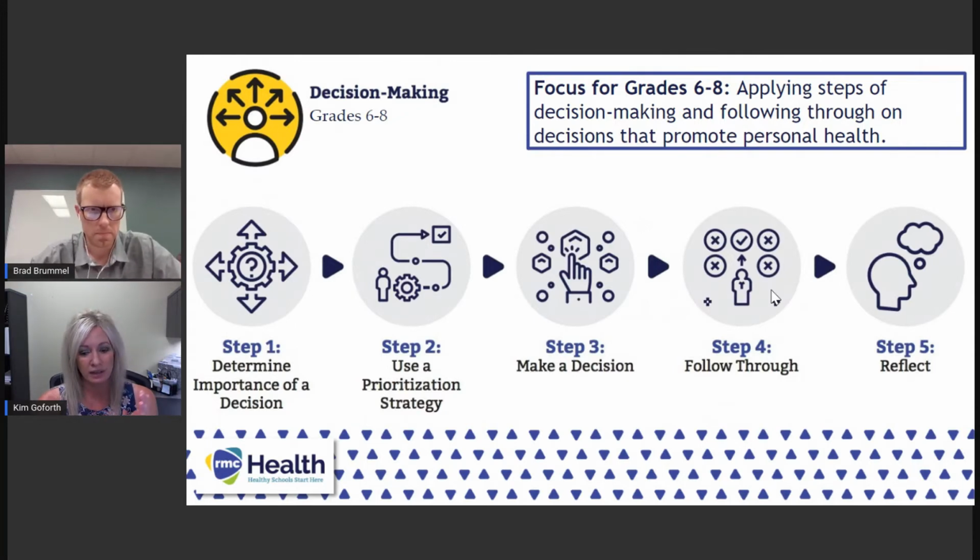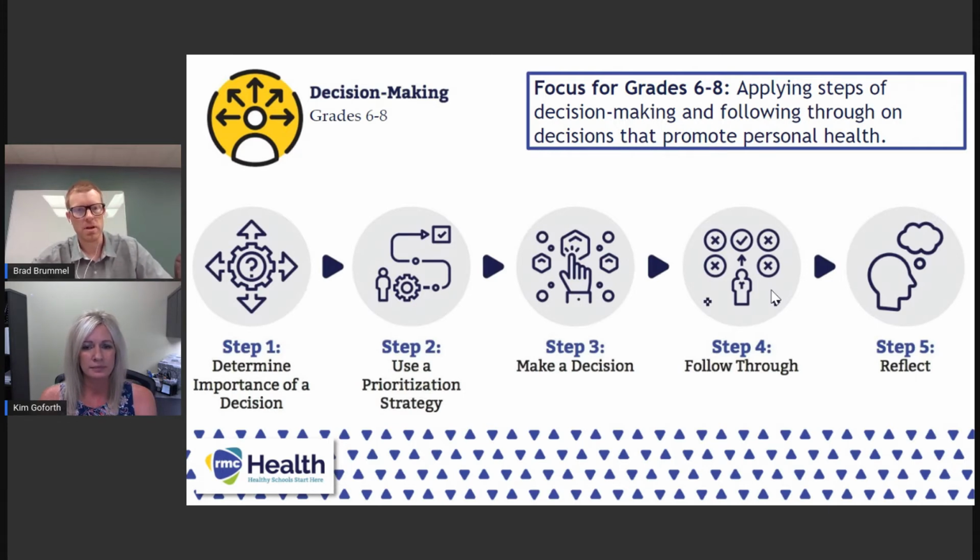Of skill 5. Yeah, so anytime we're, as a teacher or coach, trying to help a student or athlete learn a skill, we're going to break it down. That's what we're really good at. That's no different with a health skill. We're not just going to expect them, like we talked about earlier, to be able to learn how to make that decision. We need to break the decision down.